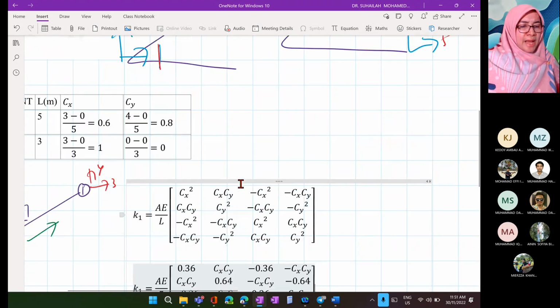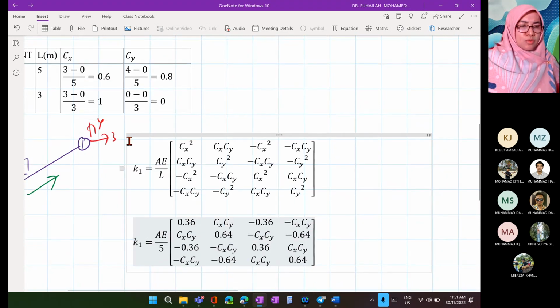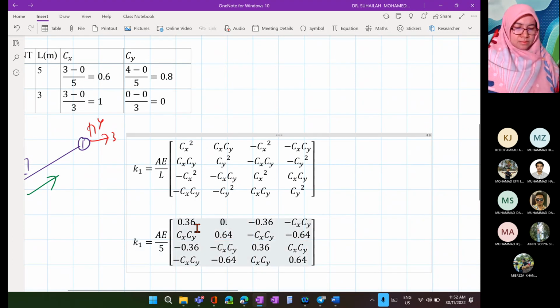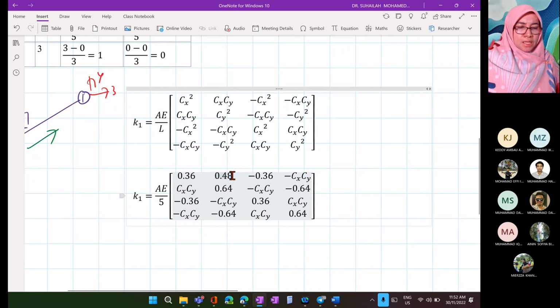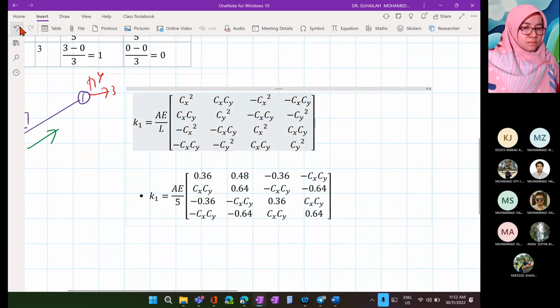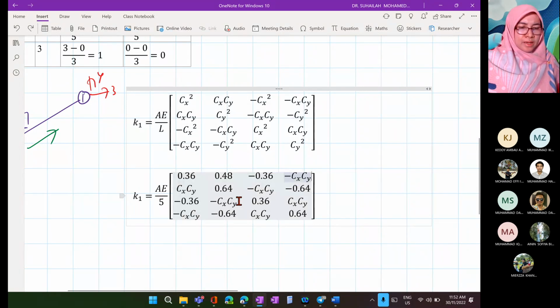Okay, and CX times CY is 0.6 times 0.8, it is 0.48, right? So 0.48 here. This is also 0.48.